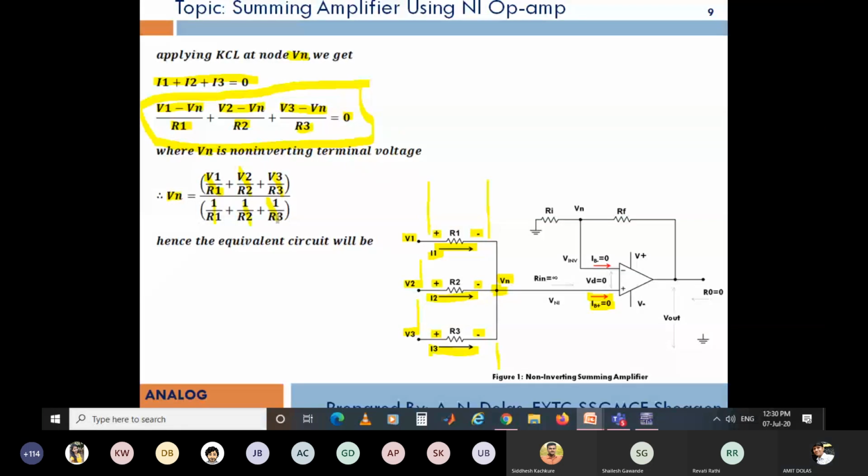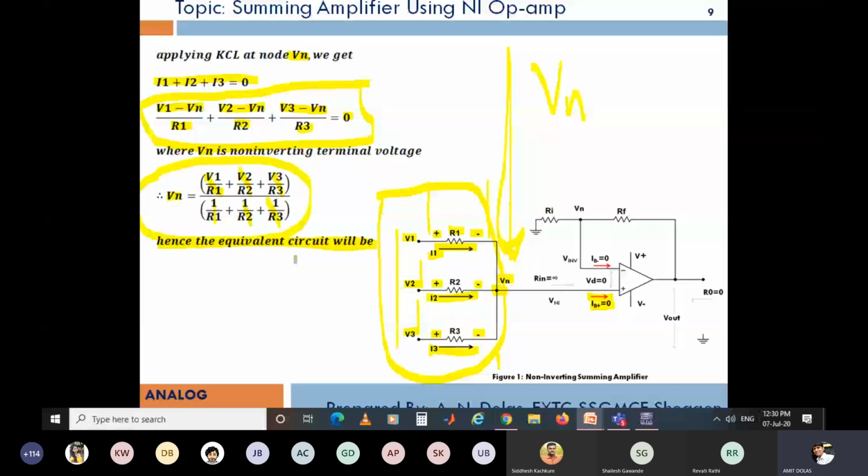Hence, the equivalent circuit will be, why the equivalent? Because now I know what the voltage at this point is in terms of the resistances and the input voltages. So I will not think of this part of the circuit. I will directly say that at this point the voltage is Vn, derived by this equation, which is written on the PPT.